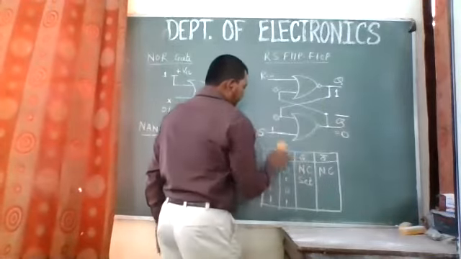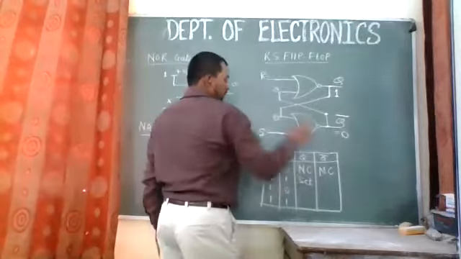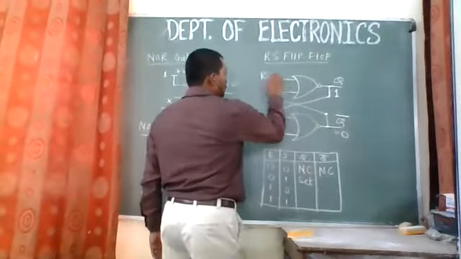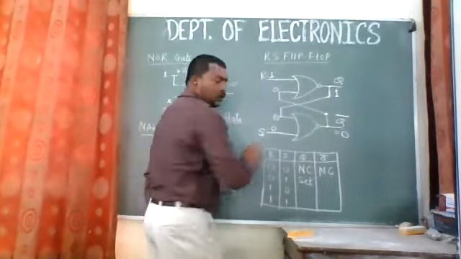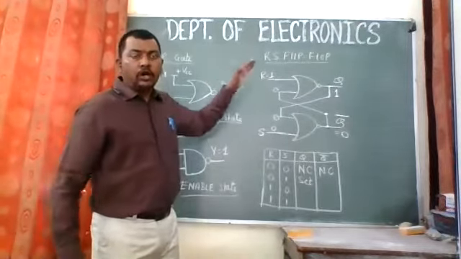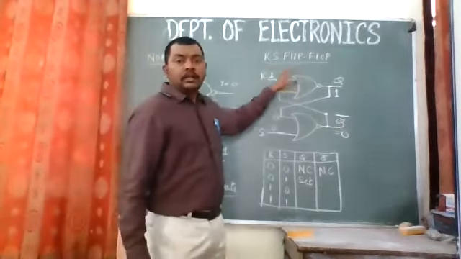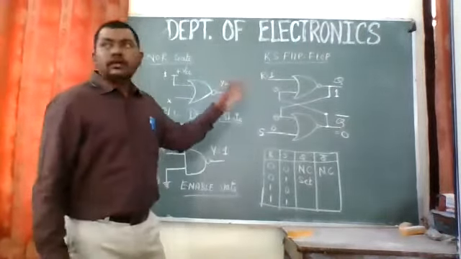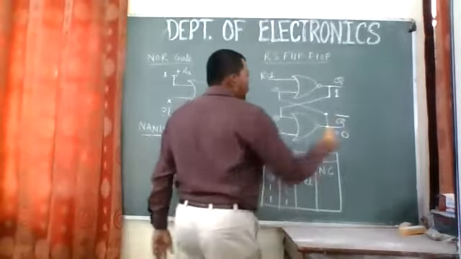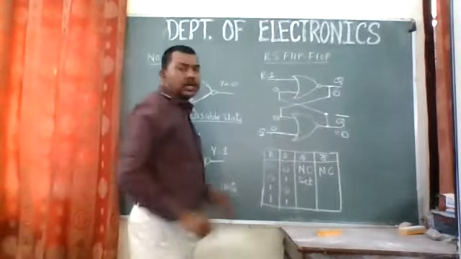Initially we are applying R equal to 1 and S equal to 0. As I told you, if one of the inputs of a NOR gate is kept high, then this gate becomes disabled and the output switches to 0 without caring for the other input.